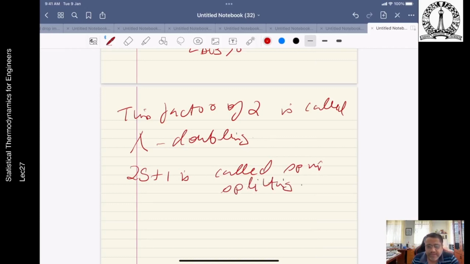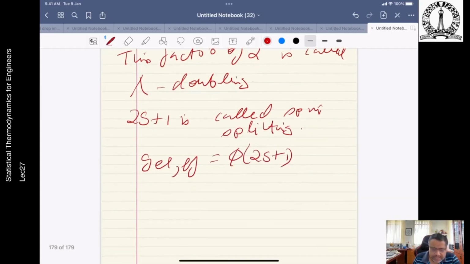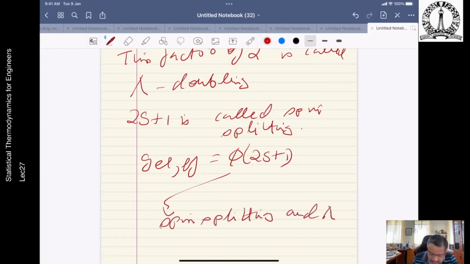The degeneracy defined, g effective equals phi into 2S plus 1, is clearly affected by spin splitting and gamma doubling.